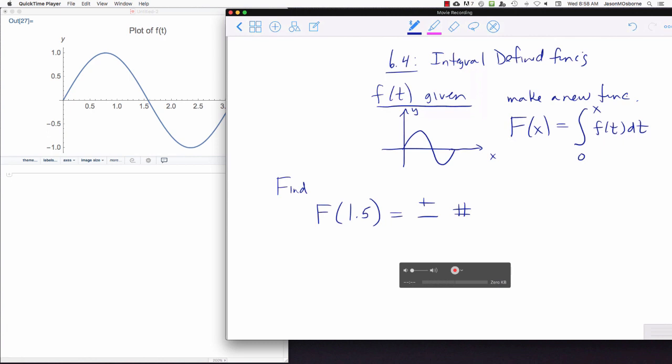So you've been given f of t, and I just want you to answer the question, is the function capital F evaluated at 1.5 a positive or a negative number?